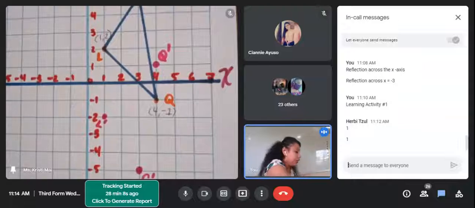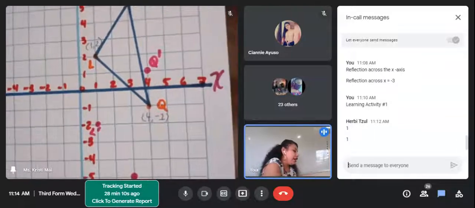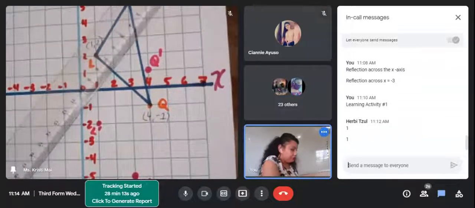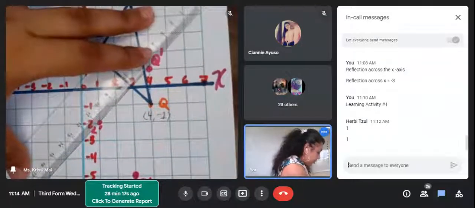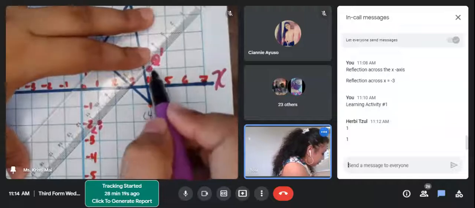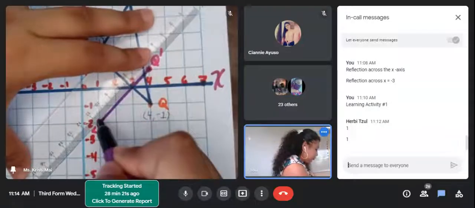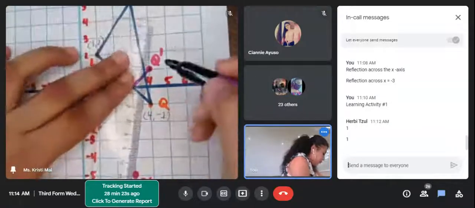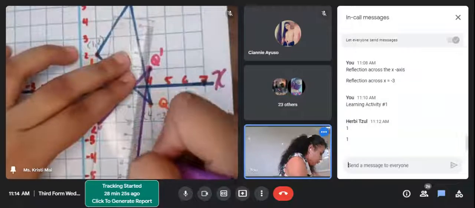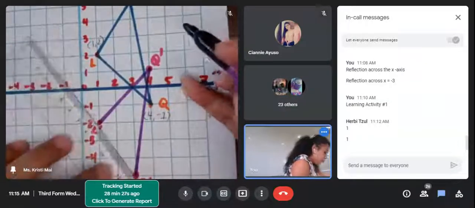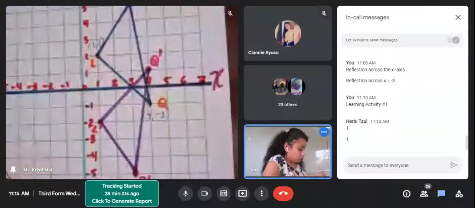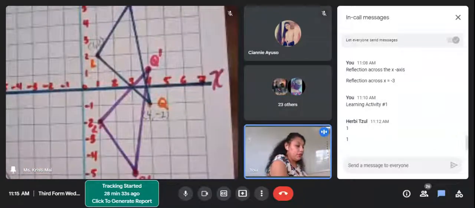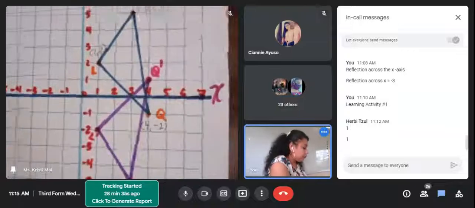After I have reflected the image, then I need to connect the points. And you do that with your ruler, not freehand. So you connect the points. And then there you have the reflection.